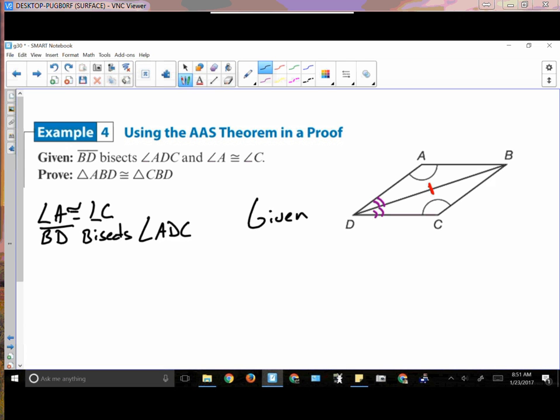Both of those are given, so we just put them all in one line for them. What we did next was we went and said that, hey, angle ADB has to be congruent to angle CDB, right? Why?